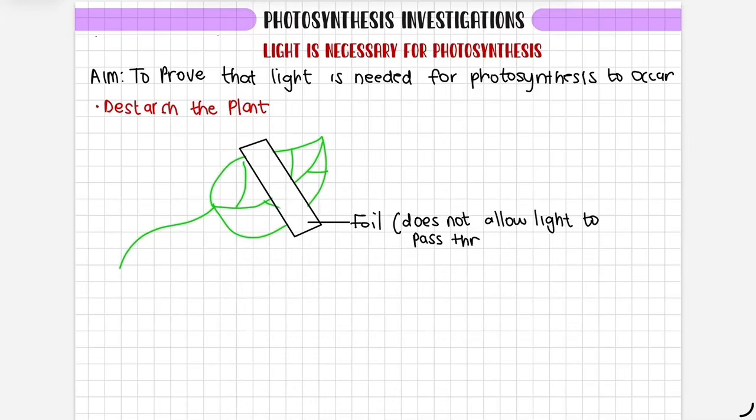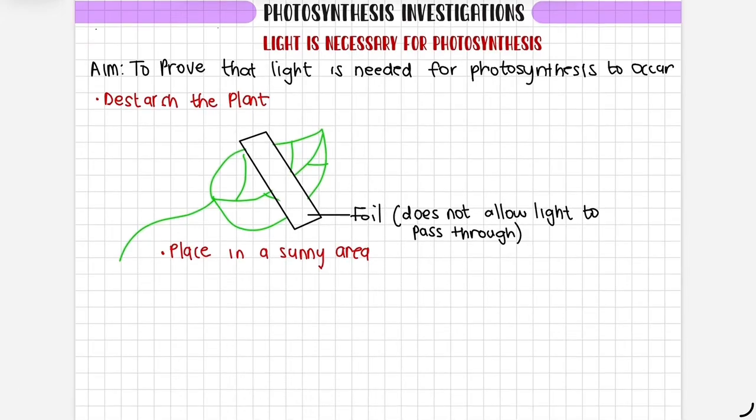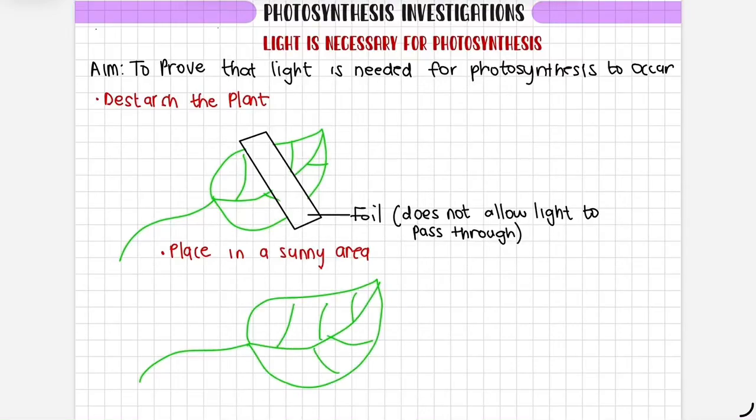So this part that is covered is not going to receive light. Once you've done that, you'll place your potted plant in a sunny area. Remember that you're doing all of this while your leaf is still attached to the whole plant. Then once you're done, you're going to pick off the leaf and do the starch test.